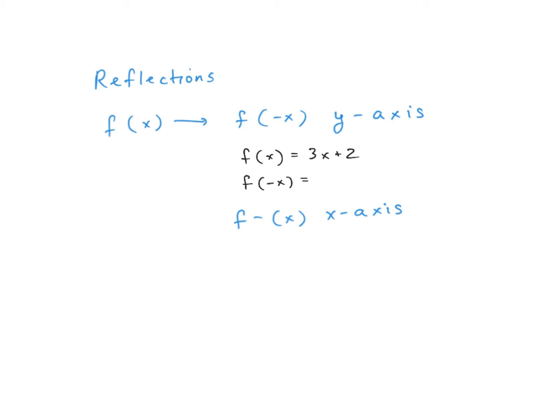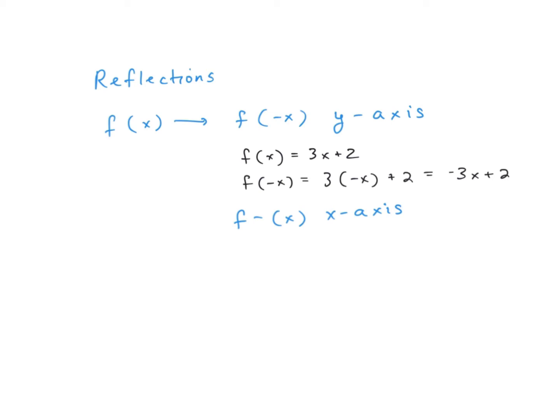Basically, you're going to invert your x, not the entire function. You end up with -3x plus 2. Let's compare afterwards.